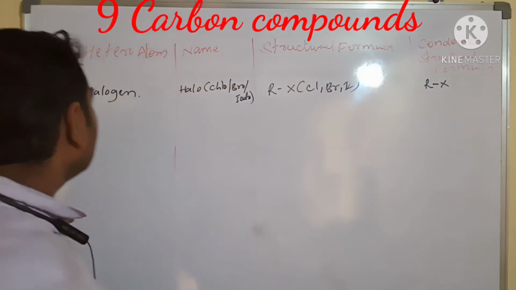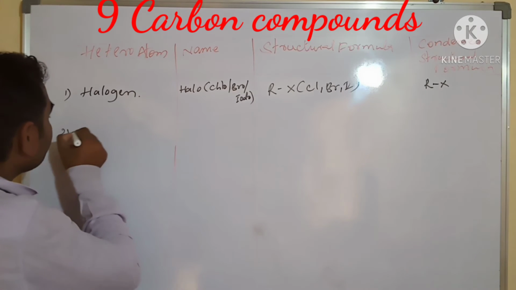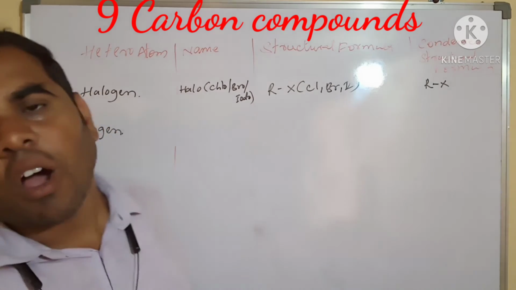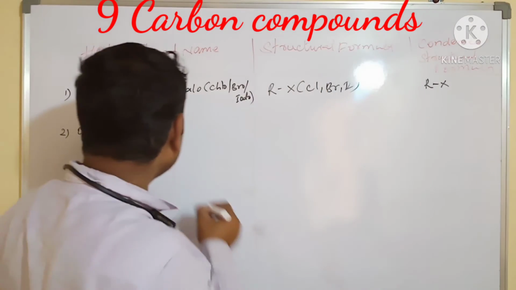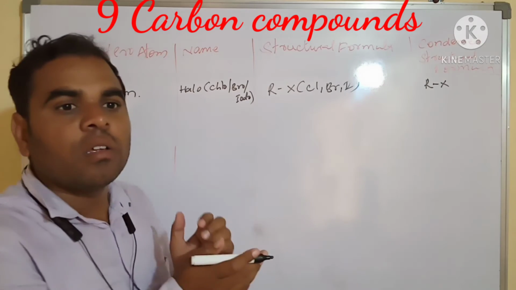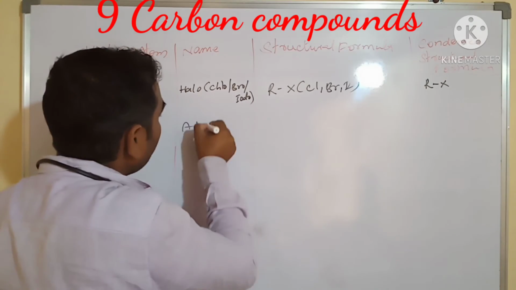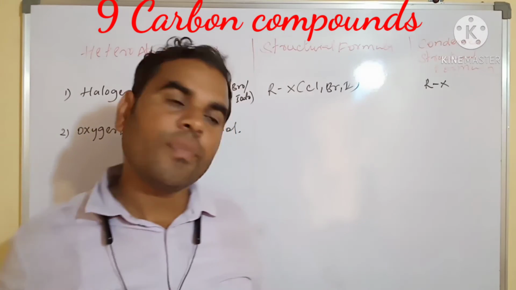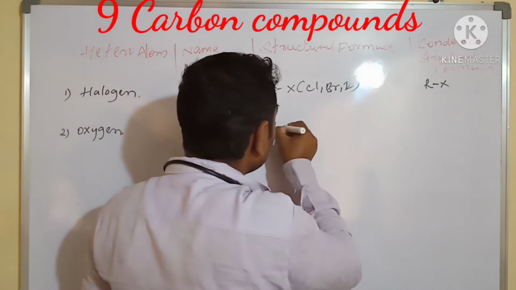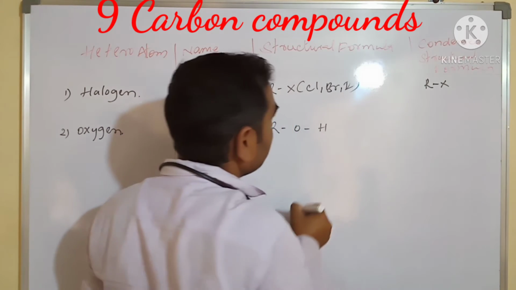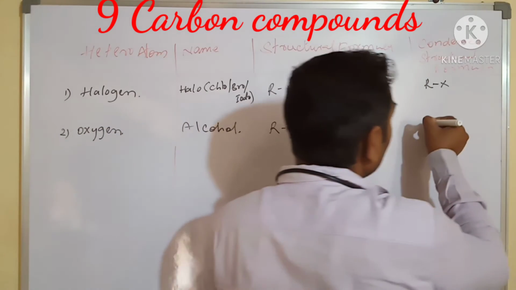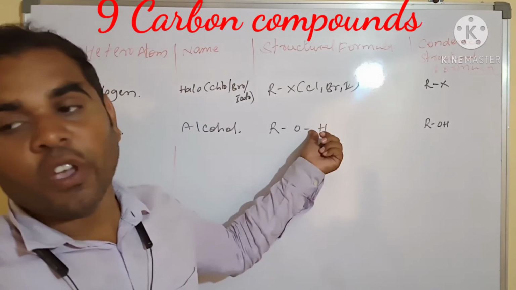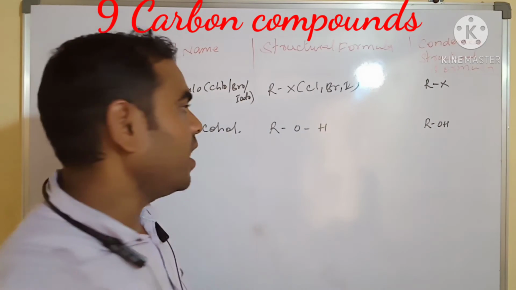Next, the second one is oxygen. Here, first we have the alcohol. Alcohol we indicate as ROH. In the condensed form, removing just the single bond, we get ROH.